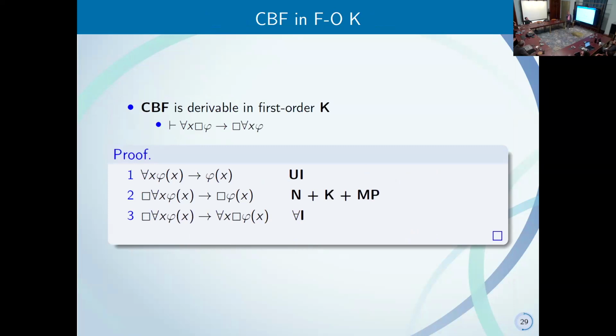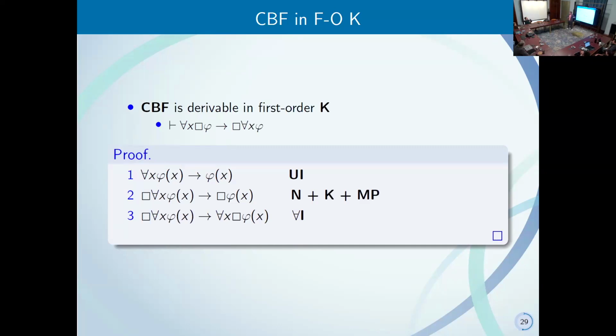So for all x box phi implies box for all x phi in the system I presented before. It's a combination of universal instantiation, the rule of necessitation, K modal axioms, and the application of the universal quantifier introduction. Maybe I will get through it, right? This is universal instantiation. We just replace for all x phi x with the variable x here itself.